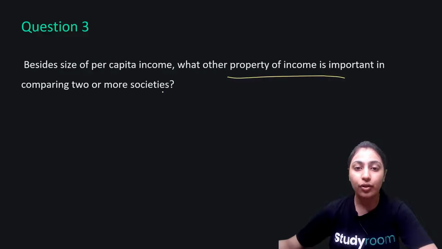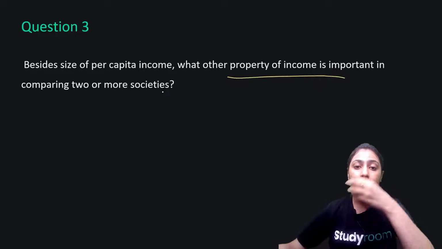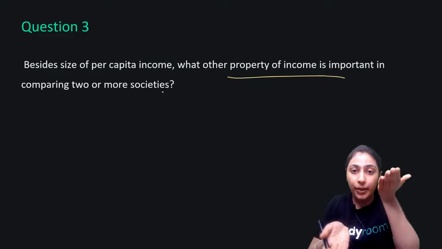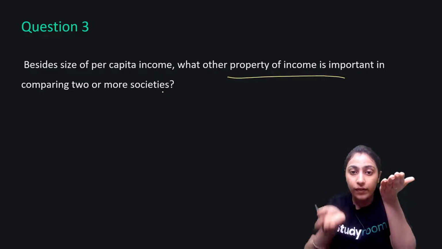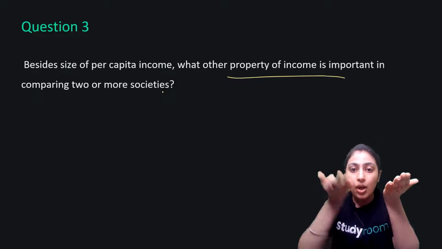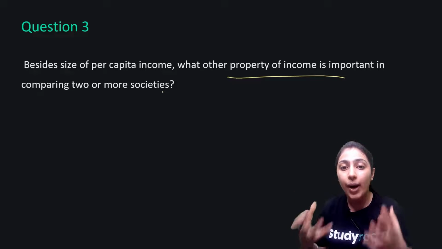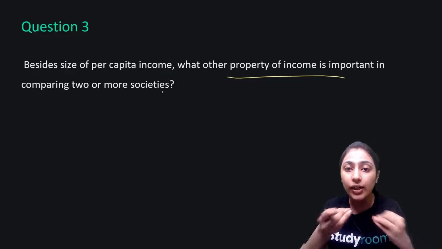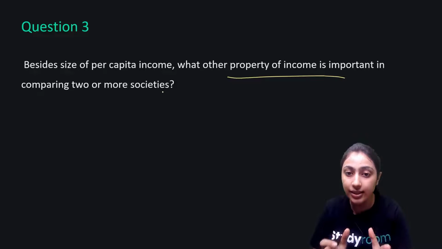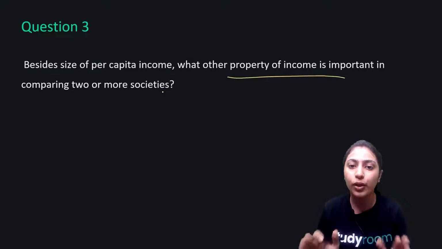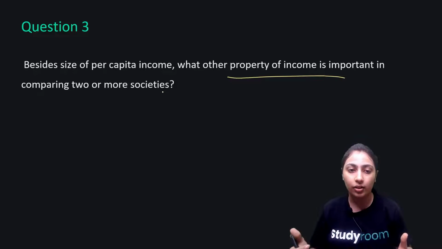In this question, they are directly asking, when considering development, which one is more developed and which one is underdeveloped, what other things should we consider when calculating development? This is what property of income means. So don't be confused. Read the question carefully, you know the answer, and then write the answer.